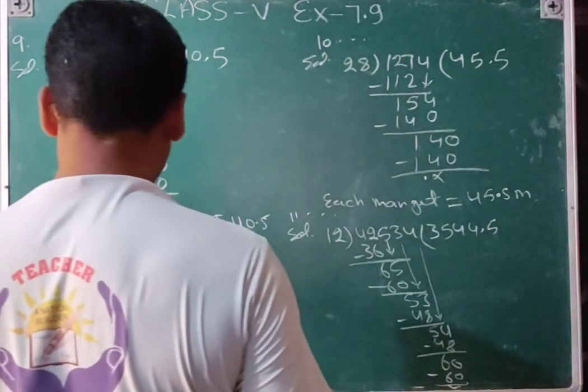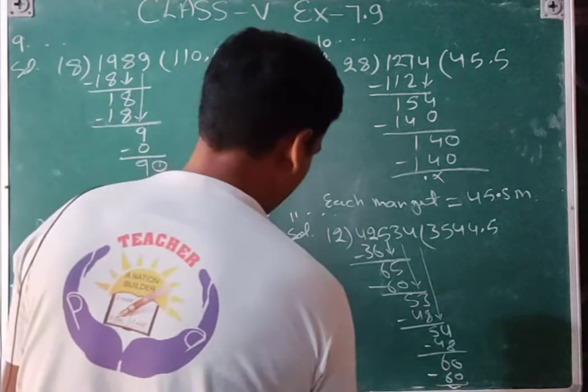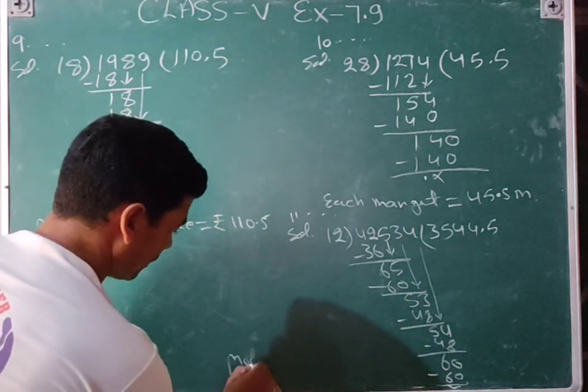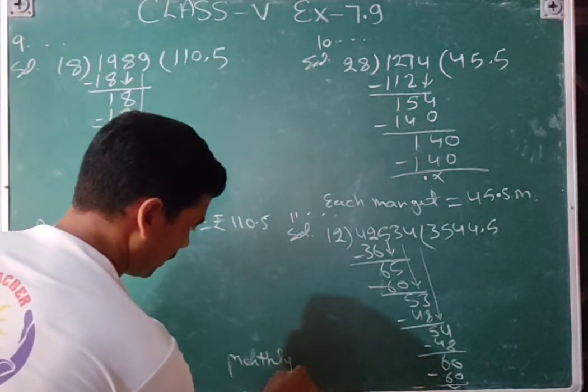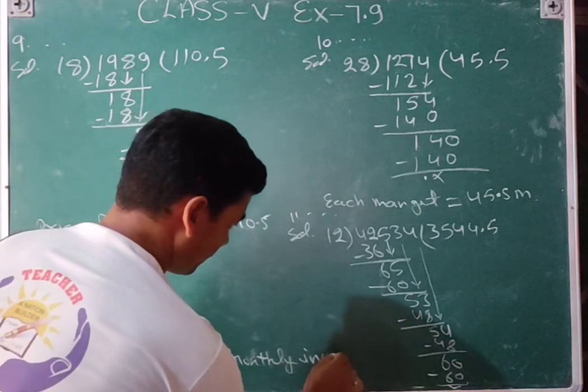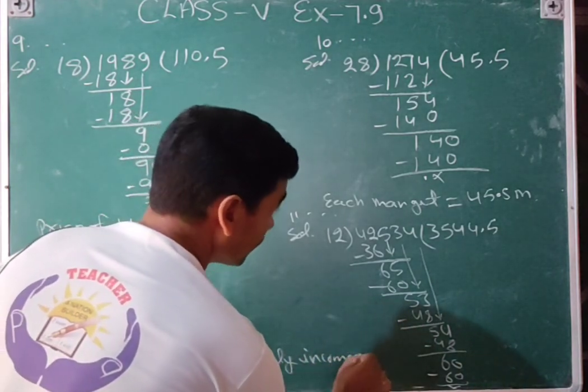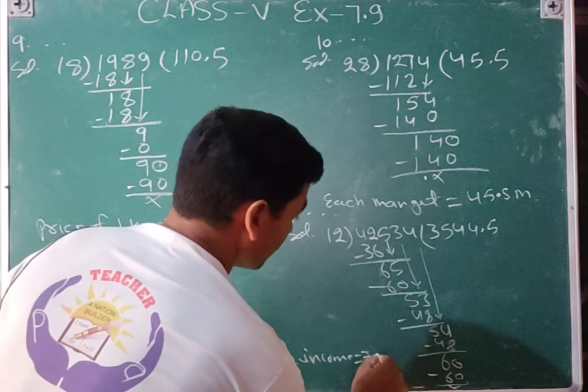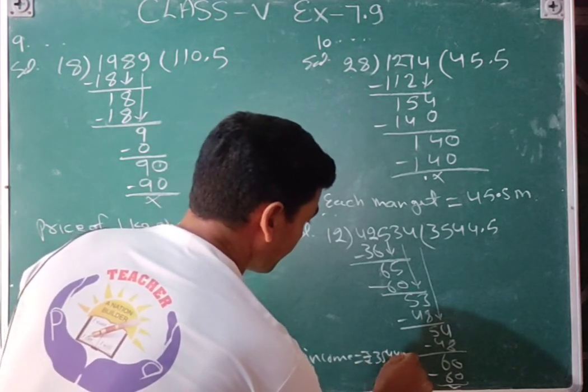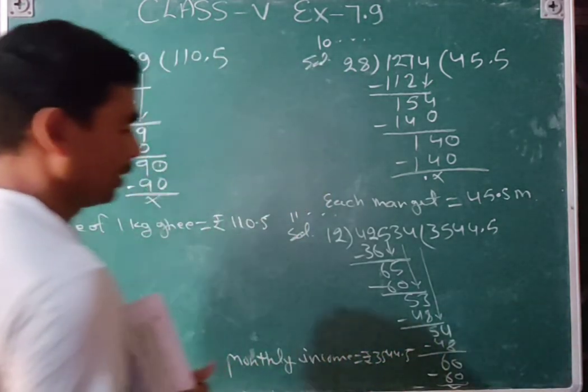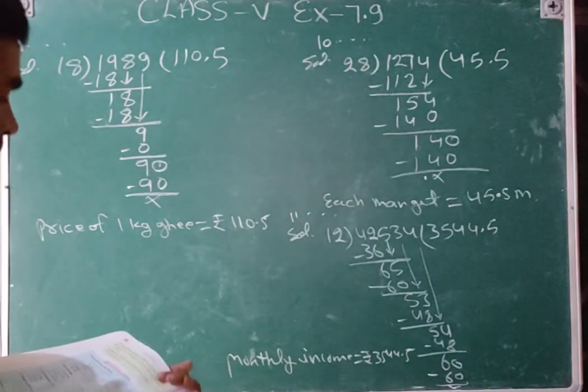Okay, so here I am writing the monthly income is equal to rupees 3544.5. Okay.